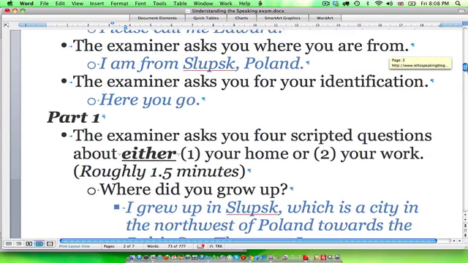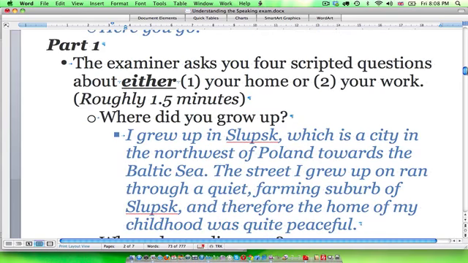So as I was mentioning, part 1 is scripted. All of the questions that you will be asked are written ahead of time. Your response to each of the questions in part 1 is on average 25 seconds, but that's a very loose average because you will have some responses that could be as short as 5 seconds if you're simply stating a fact in response to a question that only needs a single fact, but some responses might be as long as 45 seconds.